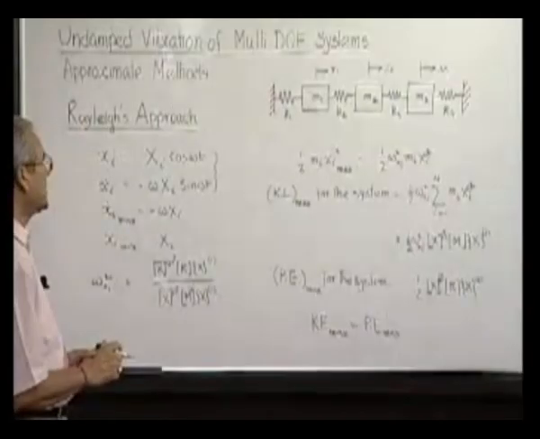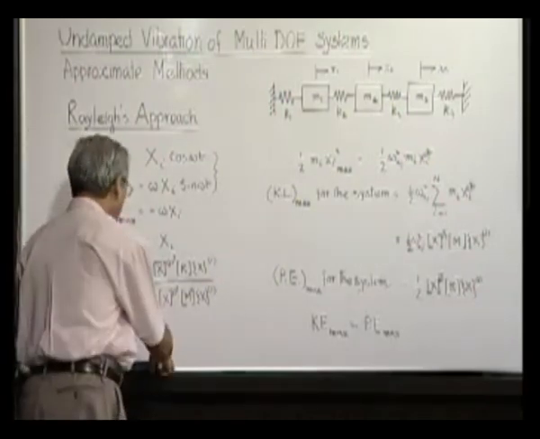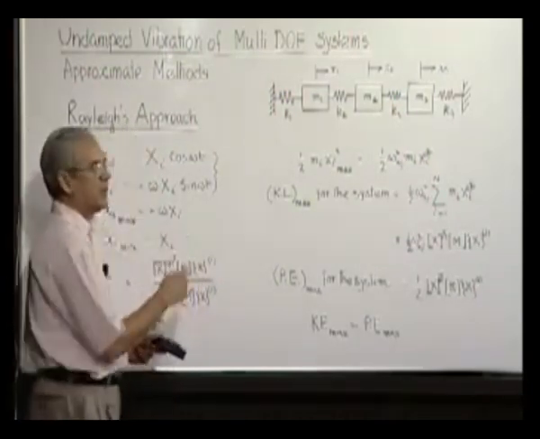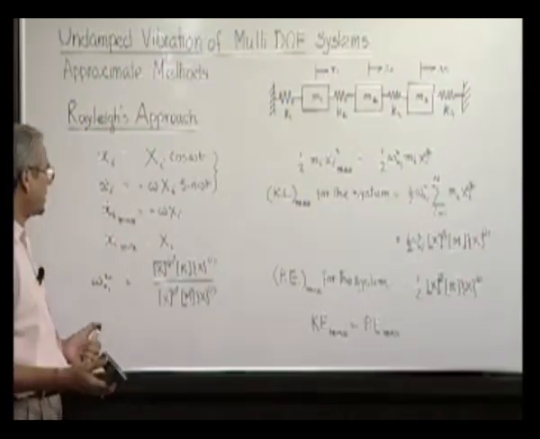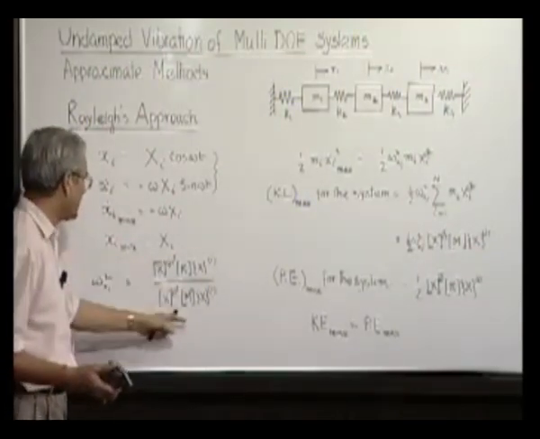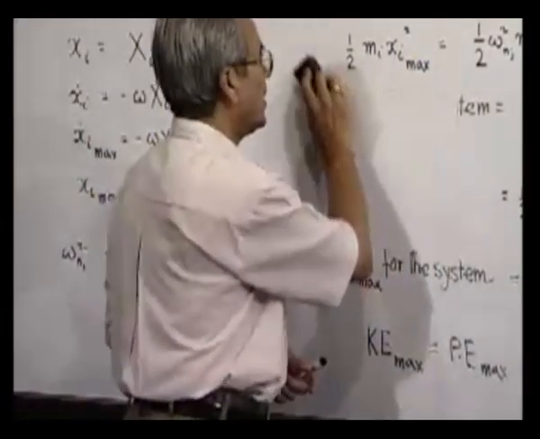Now, Rayleigh's principle says that if we assume a column matrix X as the first natural mode and evaluate this quantity, we will get a quantity which we call Rayleigh's quotient.